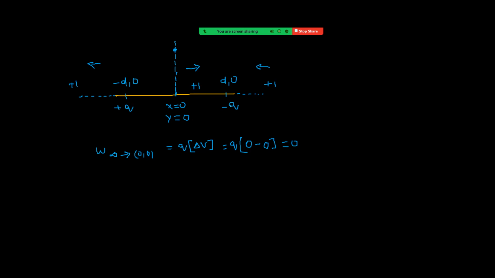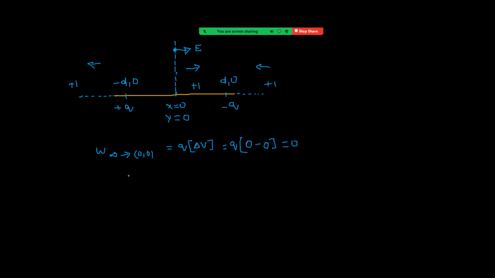Here the dipole moment will be from minus q to plus q, along the negative x-axis, right? So on the y-axis, the field will be along the x-axis, right? So work done, 0. Okay.